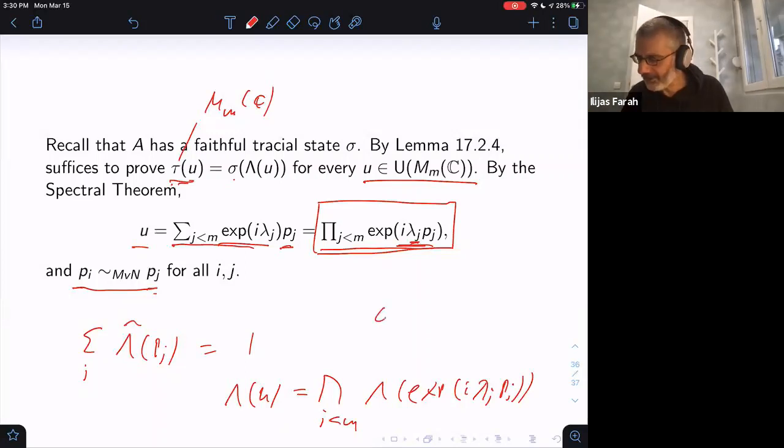So from there, you conclude that the trace of U is exactly sigma of lambda of U, because it is just the sum of all these e^{iλ_j}.